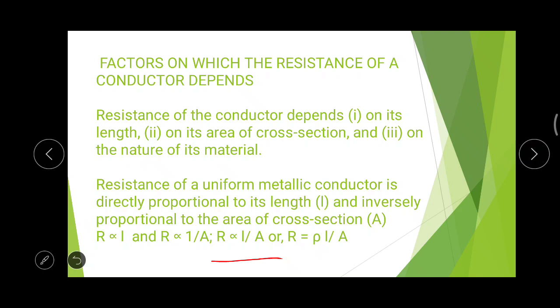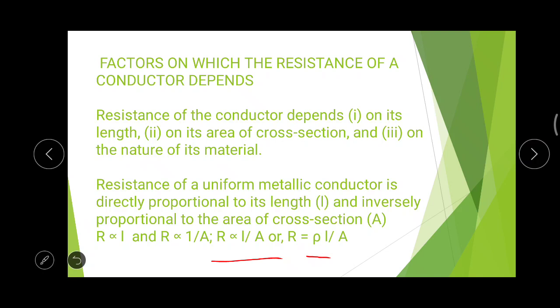If you want to make this one an equation, then you have to introduce one proportionality constant, and that one is rho, known as the resistivity of that conductor.